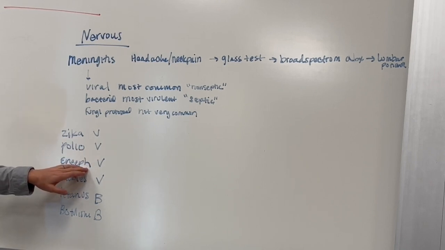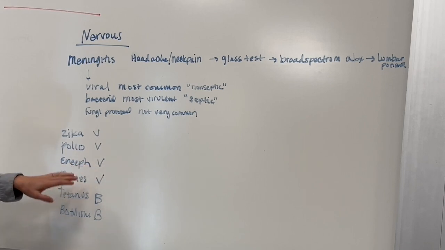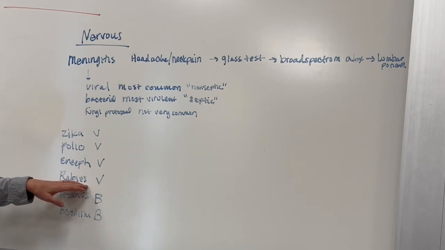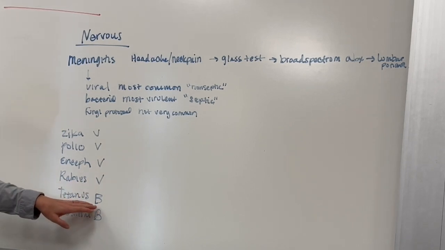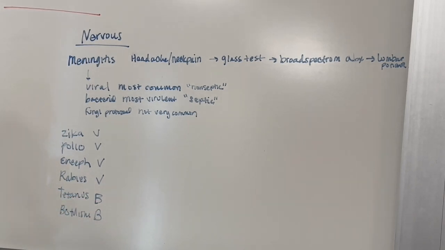Acute encephalopathy is usually viral. Rabies is viral, but also can cause confusion, aggressive behavior, things like that. Tetanus is the chronic tension, seizing, and then botulism is the flaccid paralysis. Yes, flaccid paralysis.